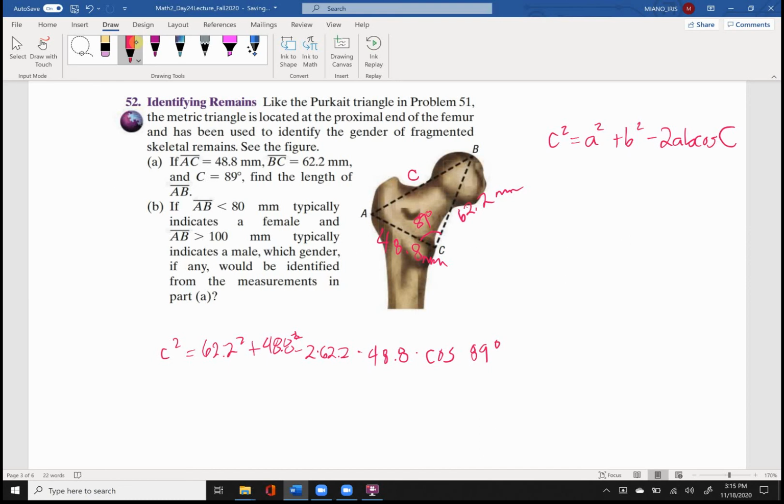So if you want to get C, it's just a matter of erasing this square right there and putting a big old square root around this whole thing, right? Cool. So type this into your calculator, and what does the calculator give you? Calculator gives you that C equals 78.4 millimeters. Okay, cool. So that's this distance, what is it called?